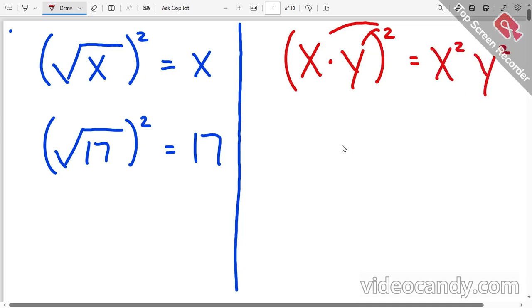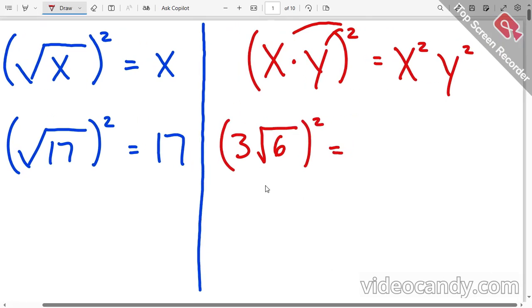All right. Just as an example, let's say you have 3 radical 6, and you square that. Well, you have to square each one of those individually. All right. So the square gets applied to the 3. So that's going to be 3 squared. And the square also gets applied to the radical 6.